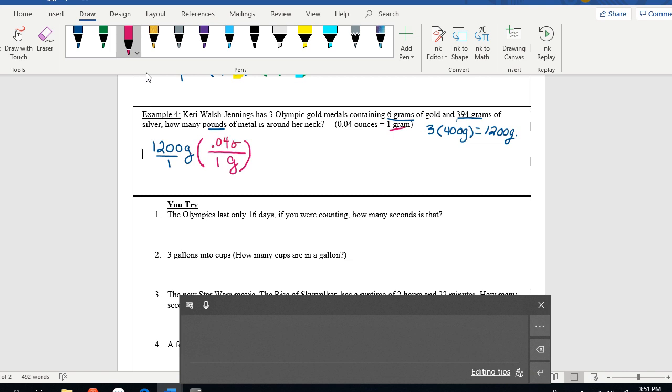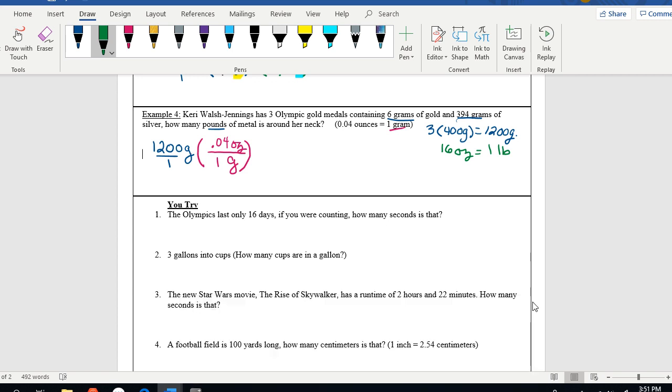0.04 ounces. Now from yesterday's page, let's go over here to the right and put it in. There are 16 ounces in a pound. 16 ounces equal 1 pound. Now, guys, be careful not to mix up fluid ounces, because fluid ounces is another story. There's 8 fluid ounces in a cup.